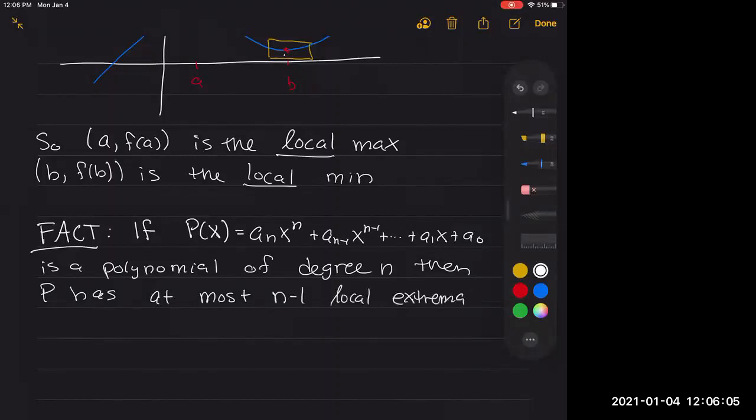All right, and what extrema means, this is max or min. It's just the extreme points of your graph. It's just a way of saying it has at most n minus 1 local mins or maxes. Because math people like to add some fun words to sound extra smart when they're doing it. So they couldn't just say max or min.